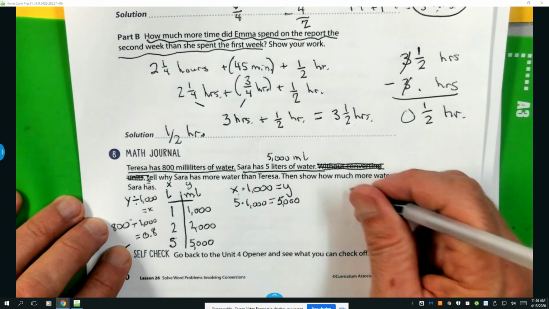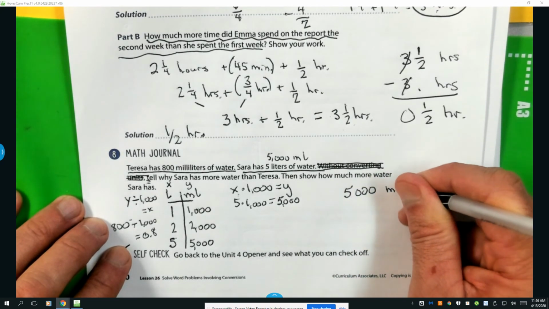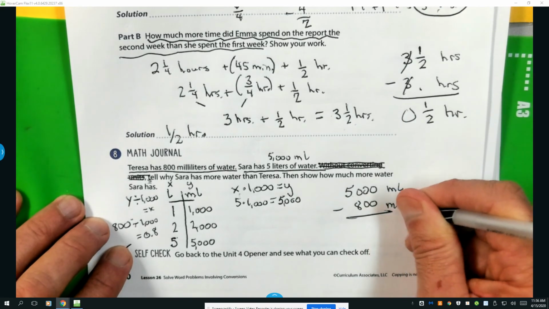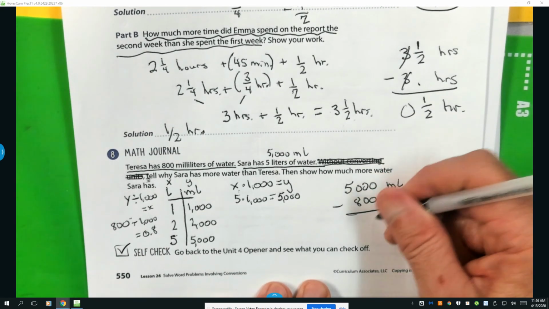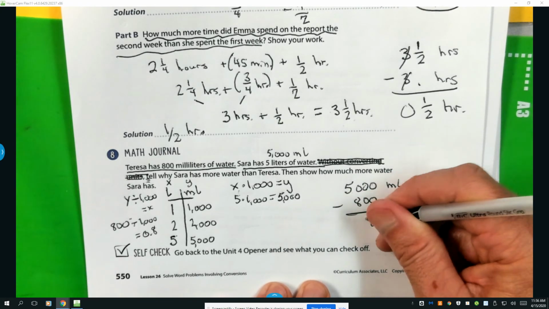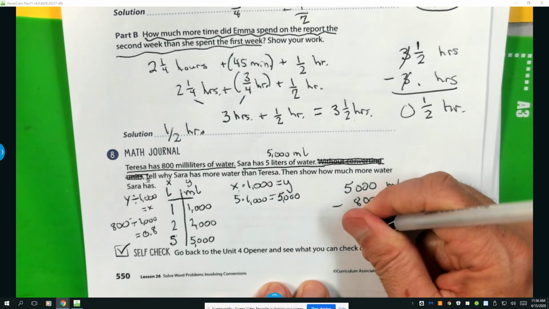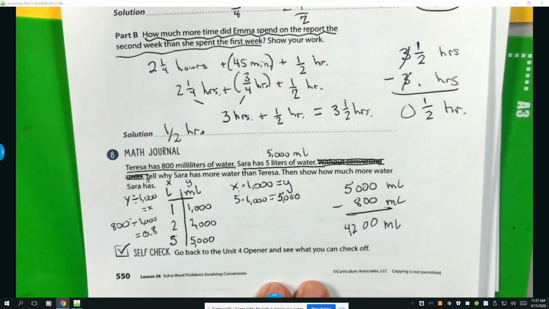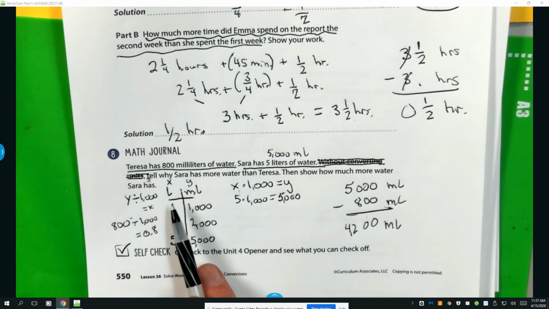I'm just going to simply go 5,000 milliliters minus 800 milliliters. And then simply, we're going to get our answer, 0 minus 0, 0, 0 minus 0, 0, 50 minus 8, 4,200 milliliters.